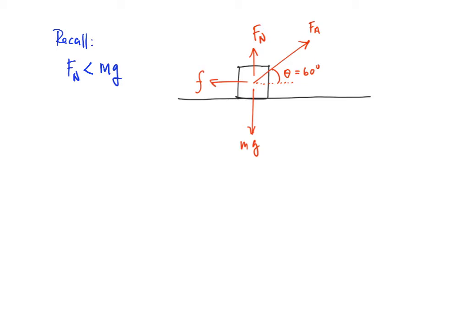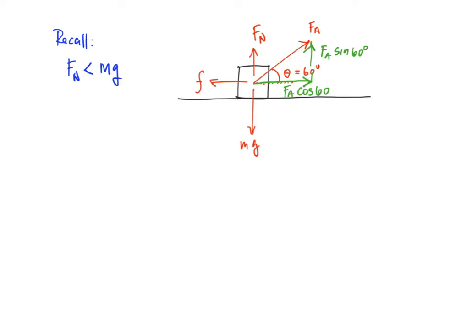In other words, if I were to split the applied force into components, and this will be relevant to what we're doing today, I could say there's a component of the applied force in this direction. That would be FA times the cosine of 60 degrees. And there'd be a component of the applied force in the vertical direction. That would be FA times the sine of 60 degrees.